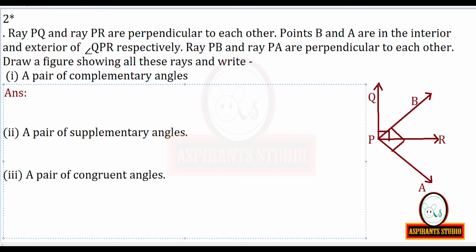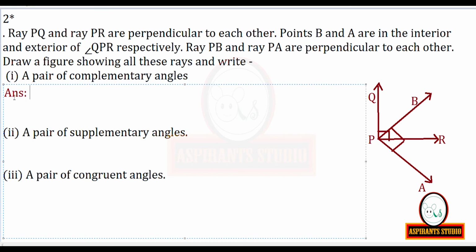If you add, it will become 90 degrees. So we can take a pair of complementary angles to be angle QPB and angle BPR. So the first answer will be angle QPB and angle BPR.